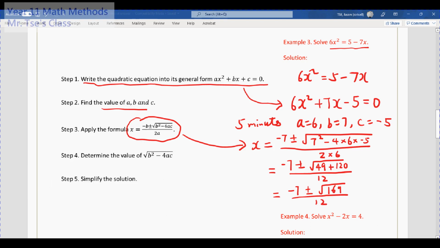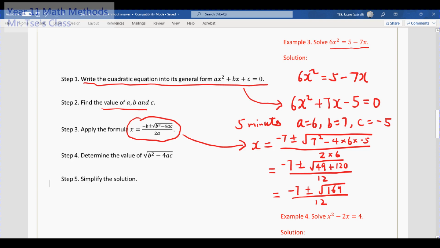Okay, so what do you think? Do you think this number can be further simplified? If you stopped here, then you need to think about whether we can carry on doing something on this question. Okay, so actually, if you observe, 169 is a square number.